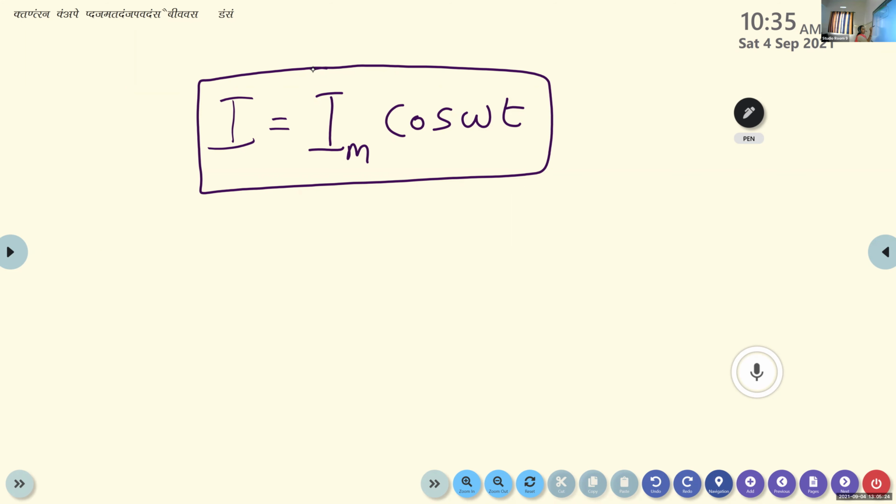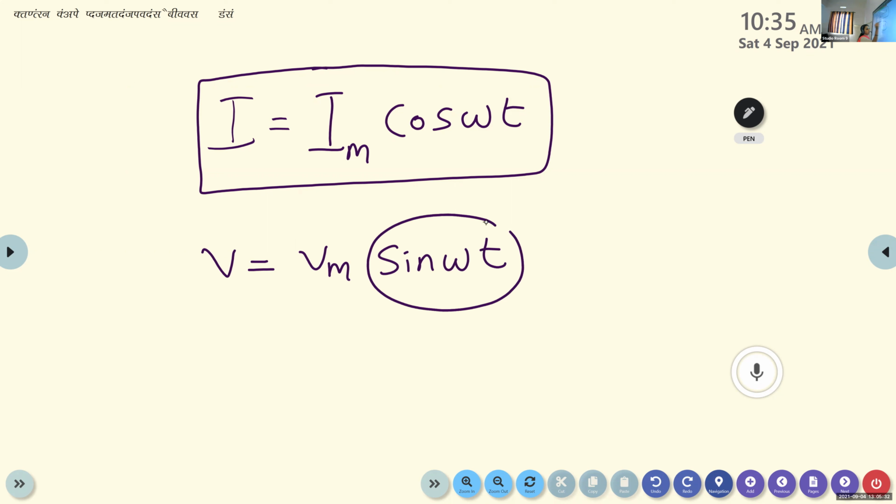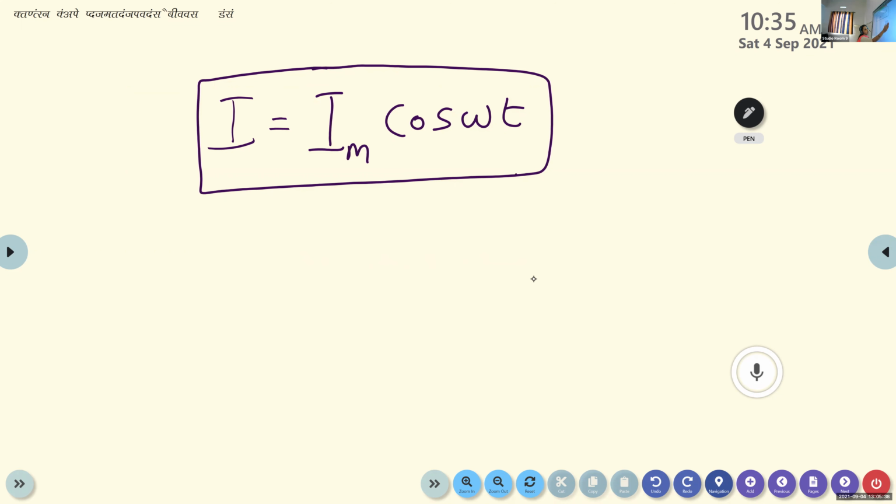And we know that the expression for EMF is V is equal to Vm sin omega t. That is, EMF is in terms of sine function. So we need to convert the current also in terms of sine function, because alternating current varies as a sine function with respect to time. So here we are going to convert this cos function in terms of sine function.